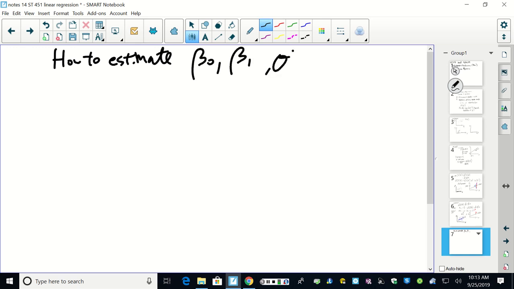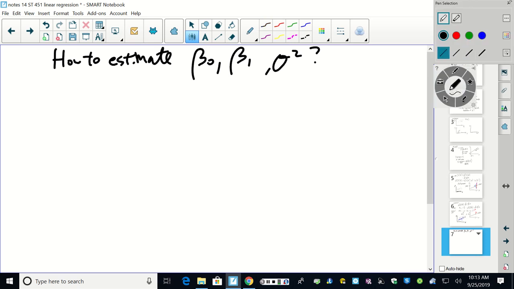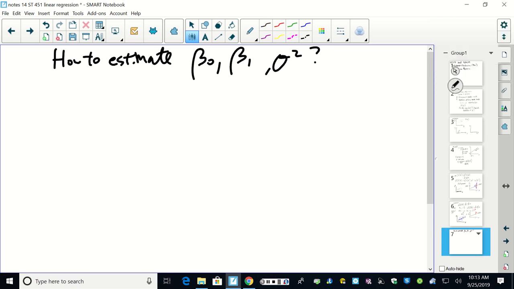We're also going to estimate this variance, right? Just like in our analysis of variance models, or just two-sample t-tests, we have that underlying variance in the measurements, and if we have that, then we can use it in confidence intervals and so on, right? So we're going to adopt a least squares approach.